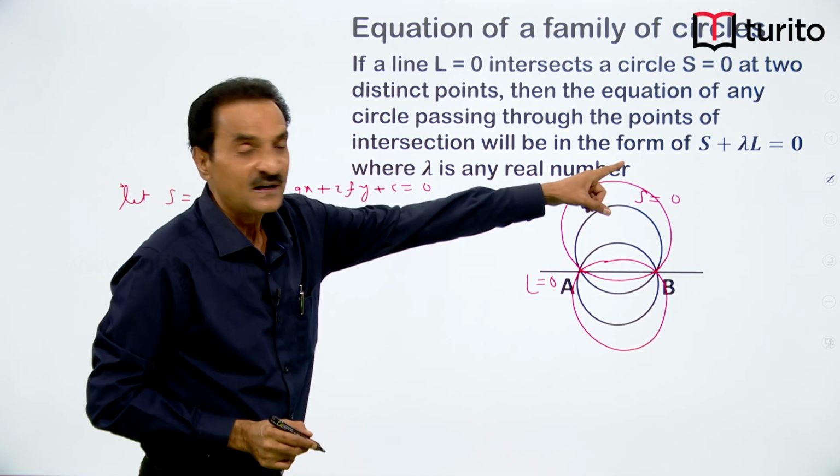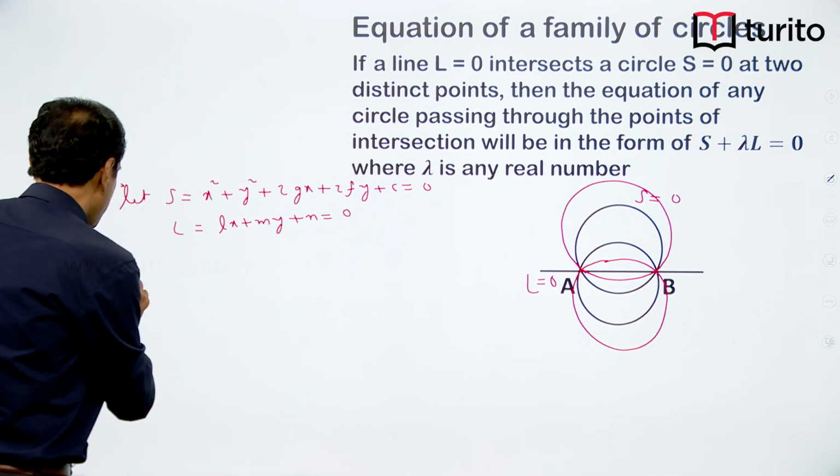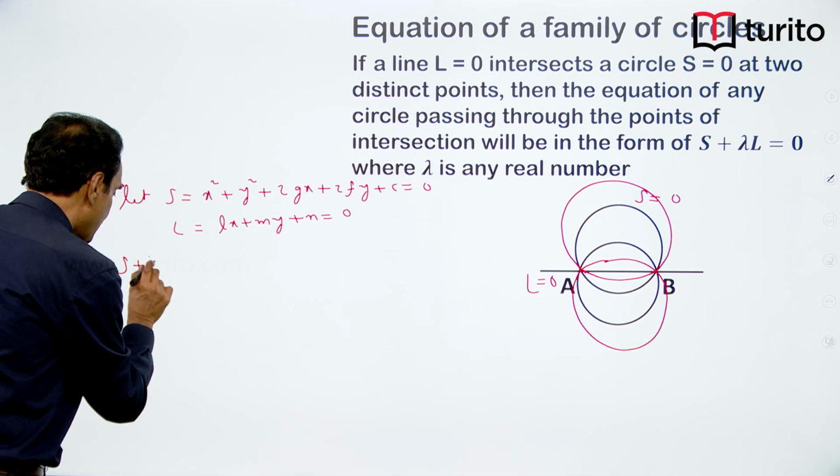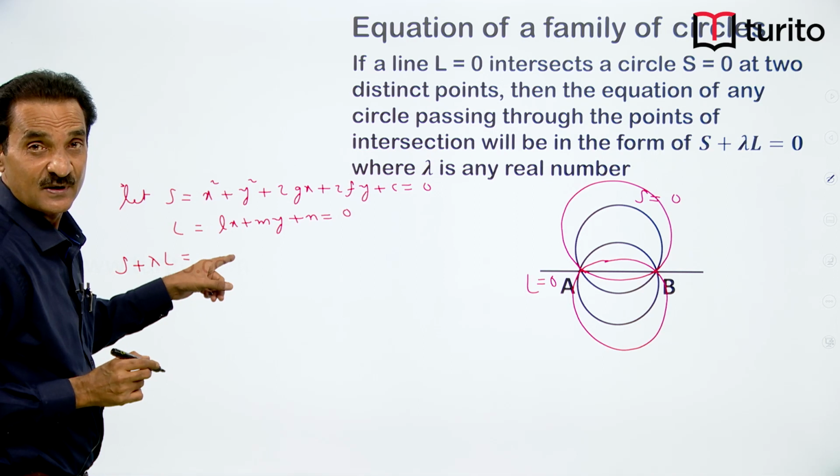Now, take that equation S plus lambda L is equal to 0. S plus lambda L will be this plus lambda times this.